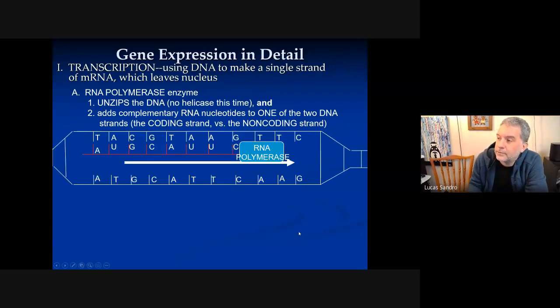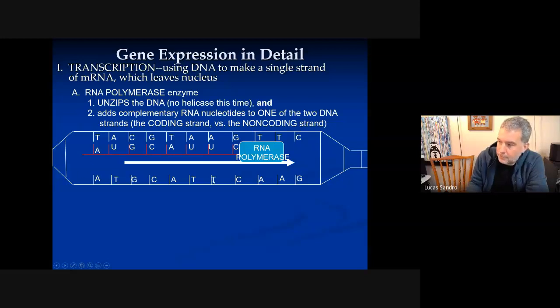So now we're going to draw some pictures. What you've got here is that same DNA strand, double-stranded, but we're showing the RNA polymerase already having unzipped a pocket of it and already having added some complementary RNA bases to the top strand. That would be called the coding strand of DNA.